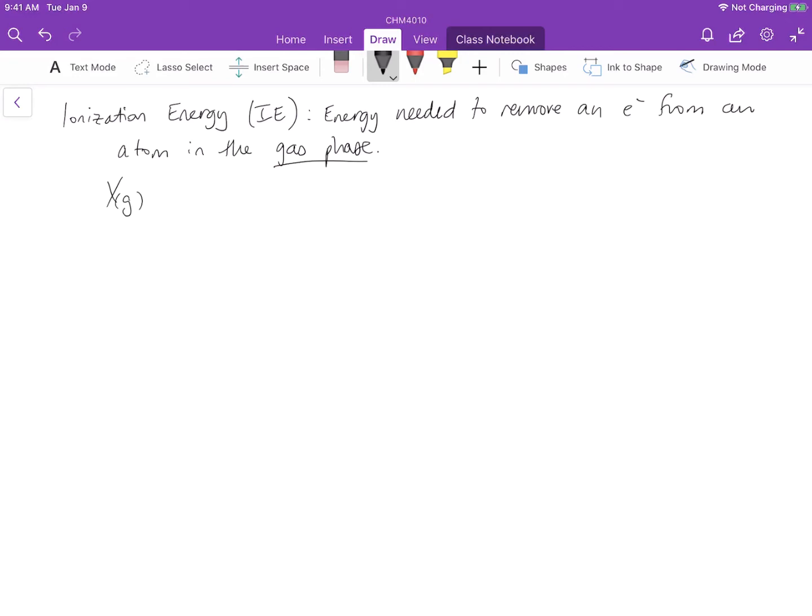The equation that this describes is going from a gas atom, turning it into a cation, and removing an electron. The trend that you hopefully have seen before is that it increases across a period and decreases down the group.